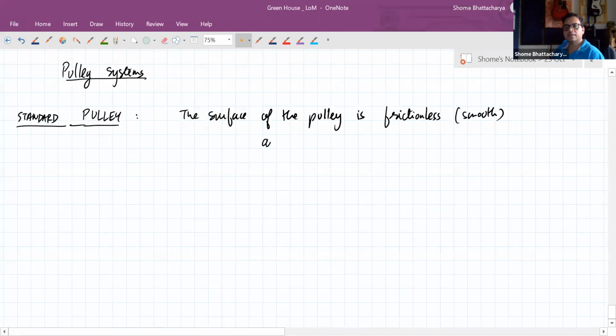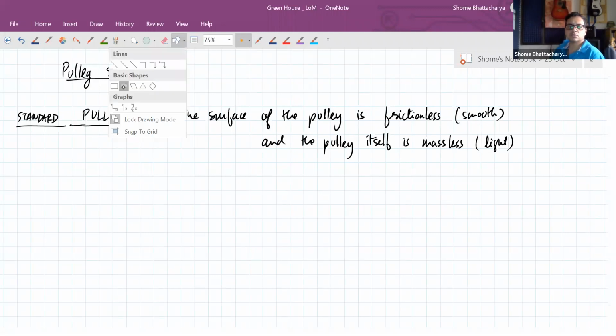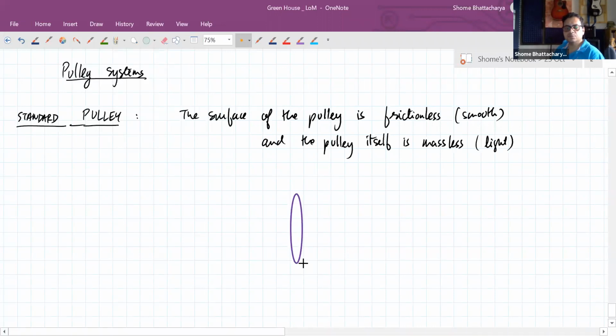And the pulley itself is massless or very light. Let me explain what we mean by this. The general shape of the pulley will be something like this.